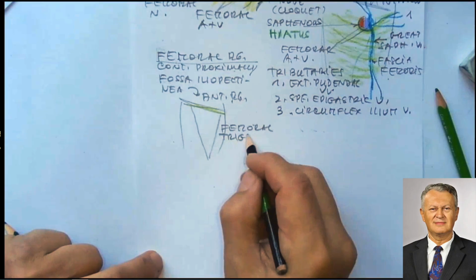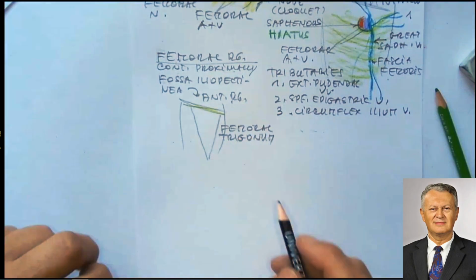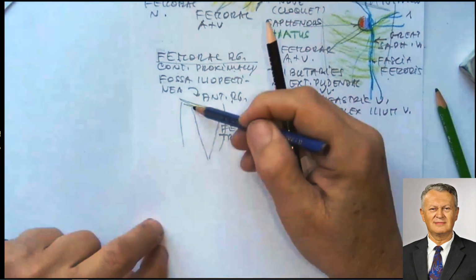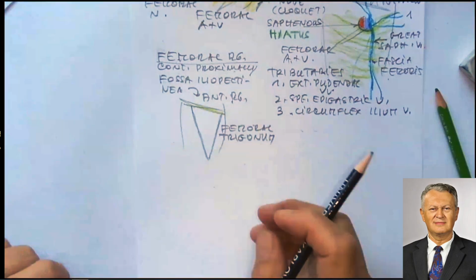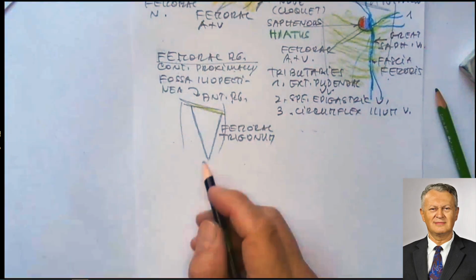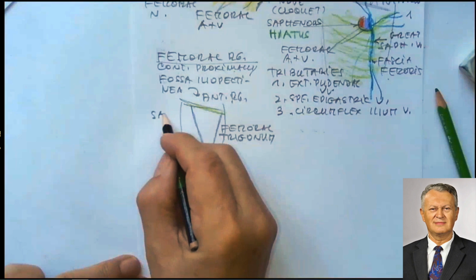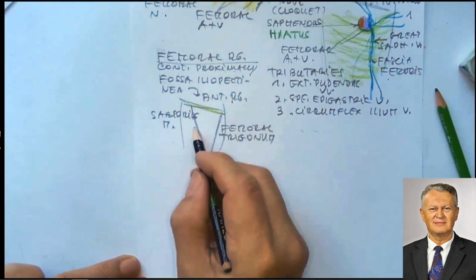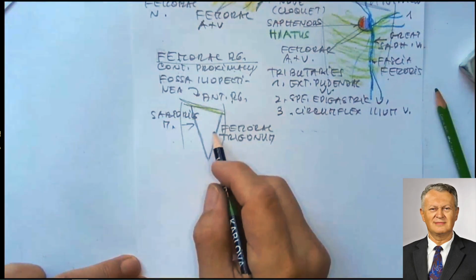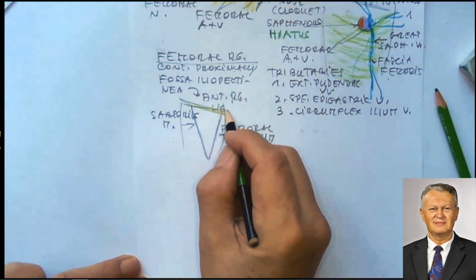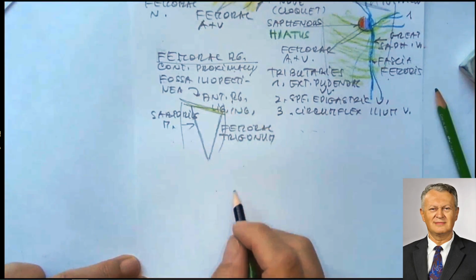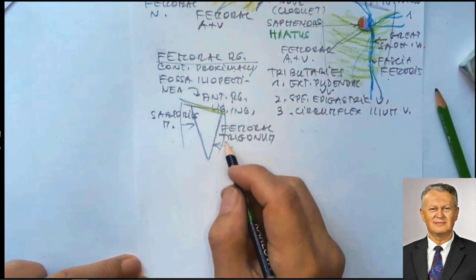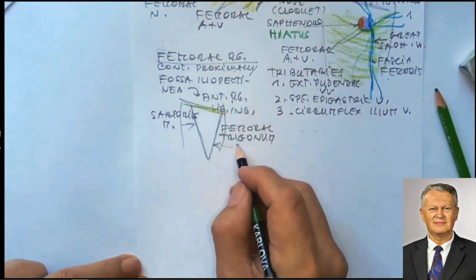Just if you read the books, don't forget they call it the femoral trigone, which is bounded laterally by the sartorius muscle, proximally by the inguinal ligament, and medially by the adductor longus.